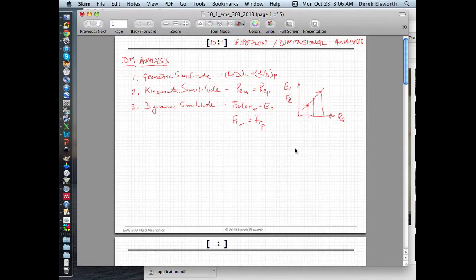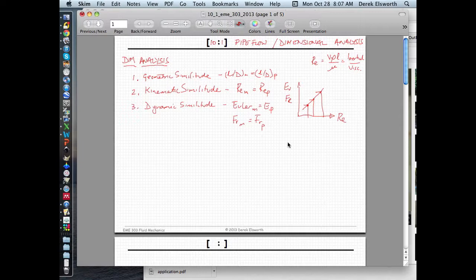If you remember, just for our memory, Reynolds number is equal to a velocity, a density, and a characteristic length, over viscosity. It's actually the ratio of the inertial forces to the viscous forces.